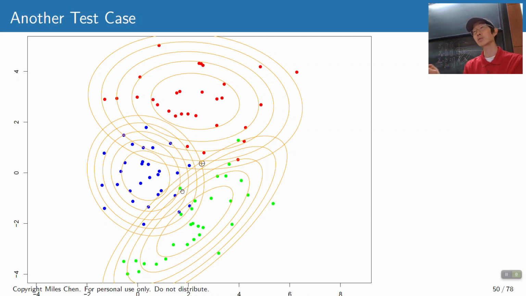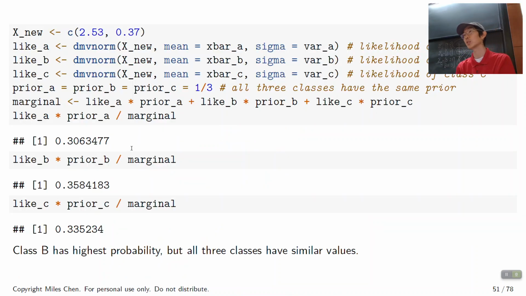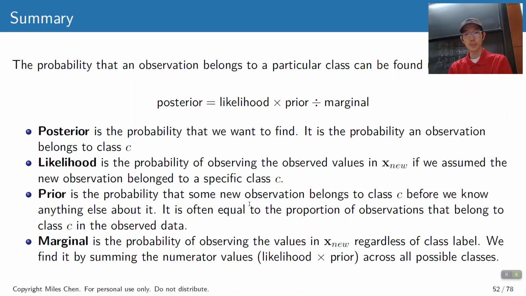If we had a different random data set, our contour lines would be a little bit different, and our probabilities would probably be a little bit different too. But based on the data that we have here, we're getting numbers that are all very similar to each other. So that's how the Bayes classifier works.